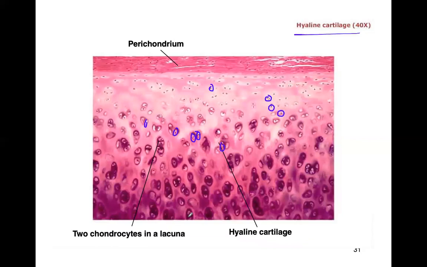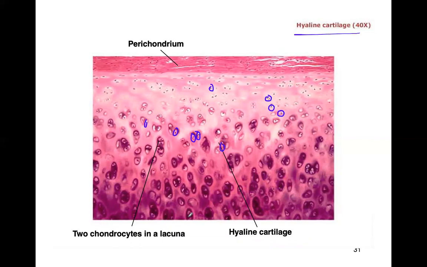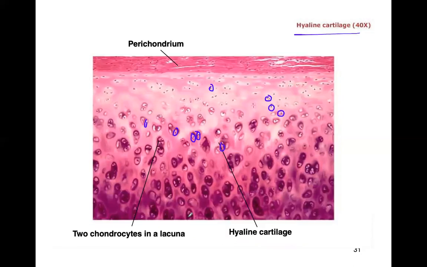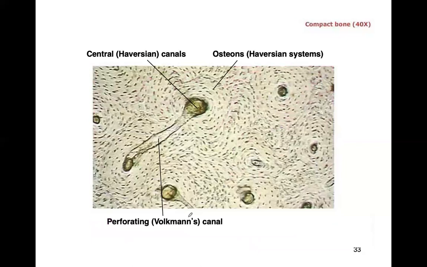I typically ask for hyaline cartilage on my test compared to elastic cartilage. But cartilage in general, they both have that appearance, right? The crystals, those little raindrop looking structures. That's elastic cartilage. It just has more flexibility and elasticity than hyaline.